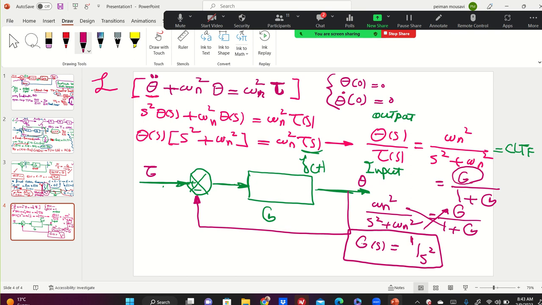So you see, you are not putting the closed loop transfer function here. You are putting the open loop transfer function, 1 over s squared. This is the open loop transfer function, guys.